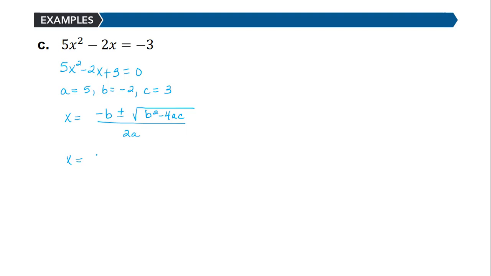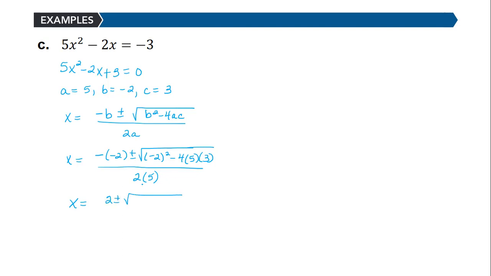So x is equal to the opposite of b, which is opposite of negative 2, plus or minus the square root of negative 2 squared, minus 4 times 5 times 3, and that's all divided by 2 times 5. So x is equal to positive 2 plus or minus the square root of negative 2 squared is a positive 4.